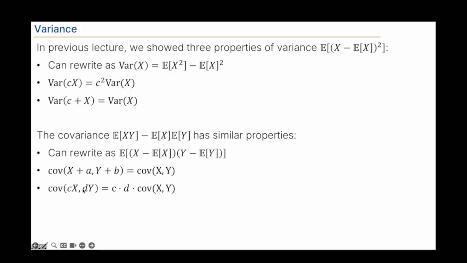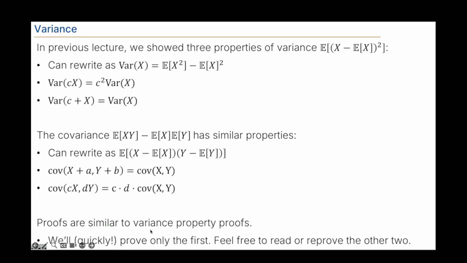And if I have the covariance of cX and dY, you get c times d times the covariance of X and Y. There are more properties in the notes, like the bilinearity of covariance, but I'm not going to use them today. I'm just going to show you the first one real quick because we're going to use it. You can read these in the notes or reprove them as you want. They're not very interesting. And there are 2 extra little properties in the notes as well.